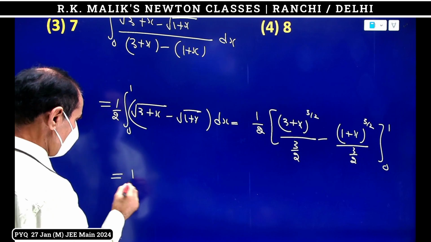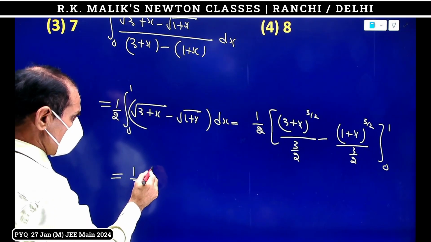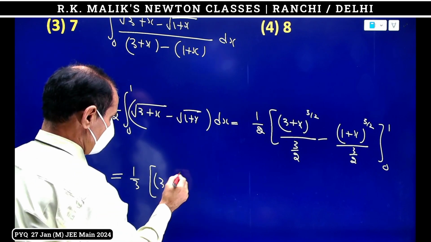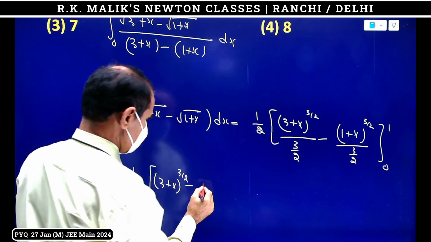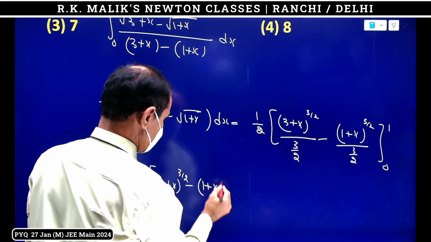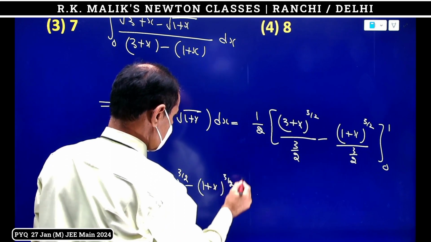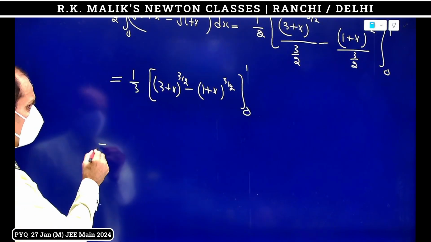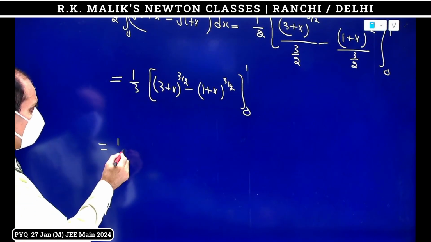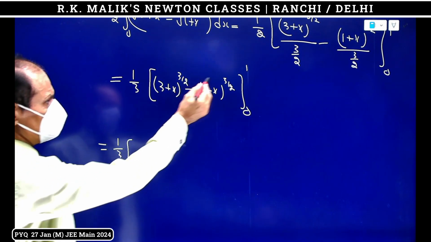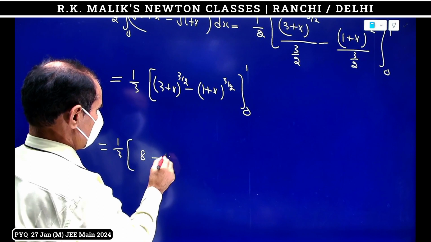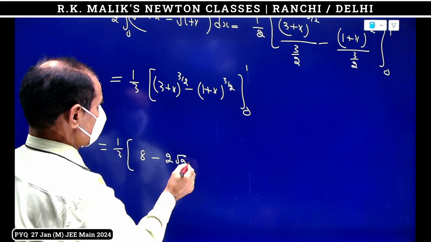This is equal to 1 by 3 into 3 plus x to the power 3 by 2 minus 1 plus x to the power 3 by 2, 0 to 1. This is equal to 1 by 3, 1 put करेंगे I'll be getting 8 minus 2 root 2.